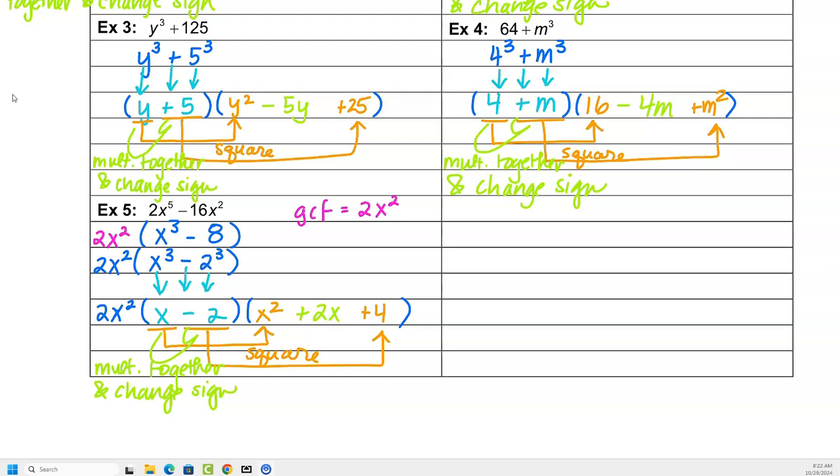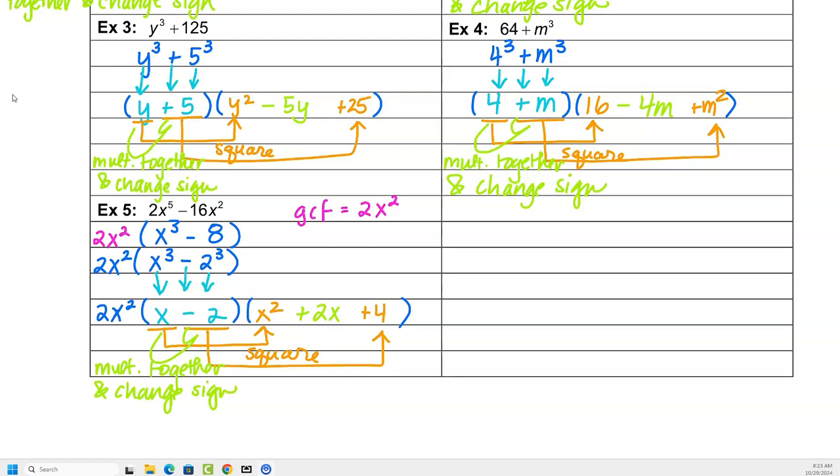And I'll use SOAP to check my signs. Well, I got 2x squared times the quantity x minus 2 times the quantity x squared plus 2x plus 4. We all together? Okay.